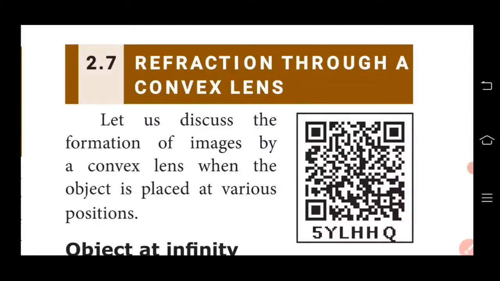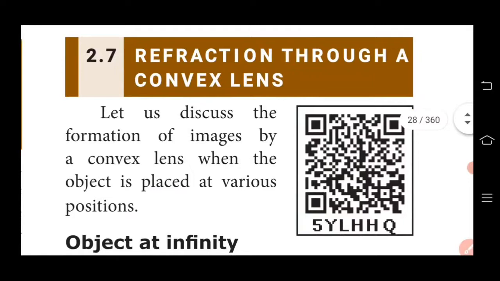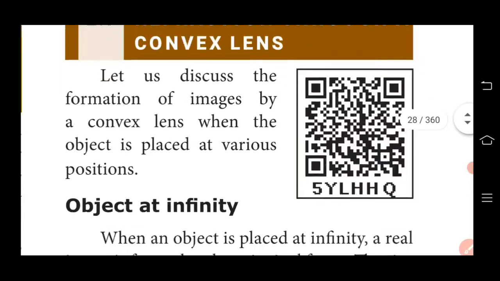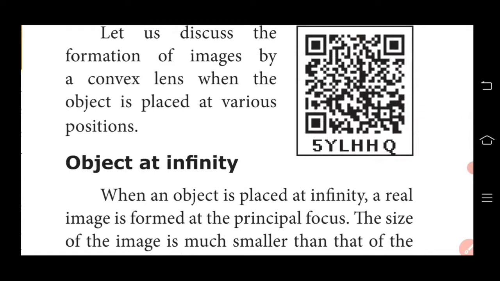Refraction through a convex lens. Let us discuss the formation of images by a convex lens when the object is placed at various positions. Our first position is object at infinity, which is an unknown distance.